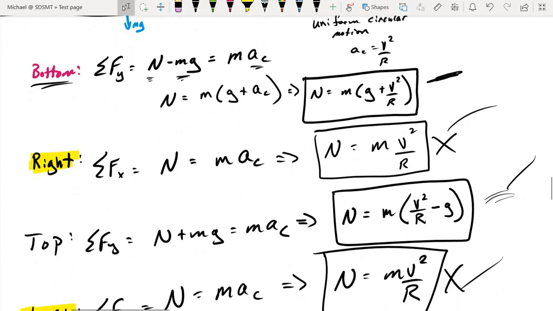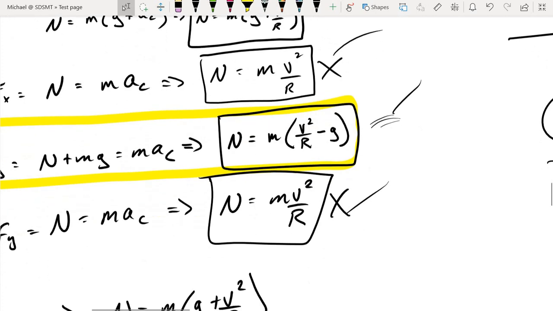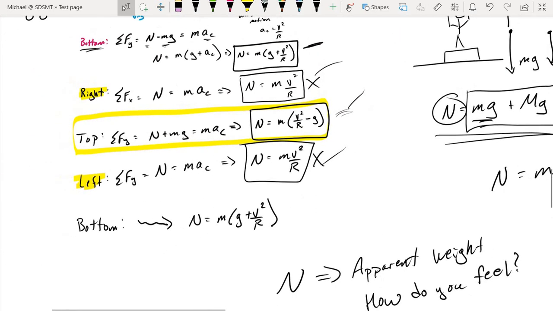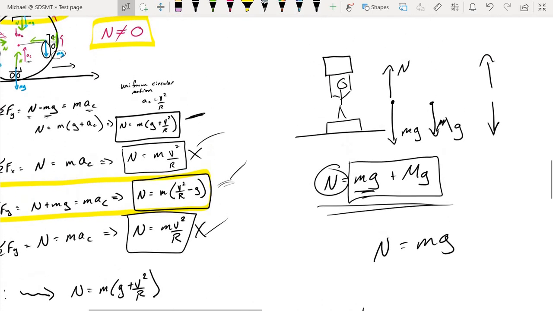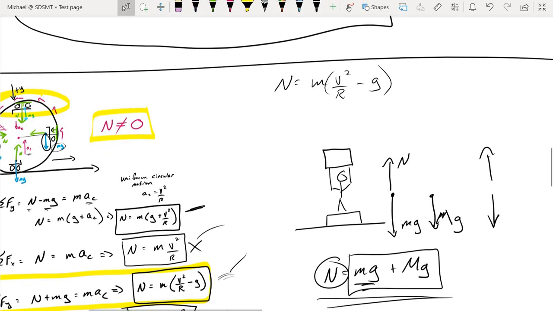So let's go to the top of the track, which was right here. Let's take that equation that we have. We have normal force equals m v squared over r minus g. Let's put that up here. Normal force equals m v squared over r minus g. Now I have my r value. I have my g.